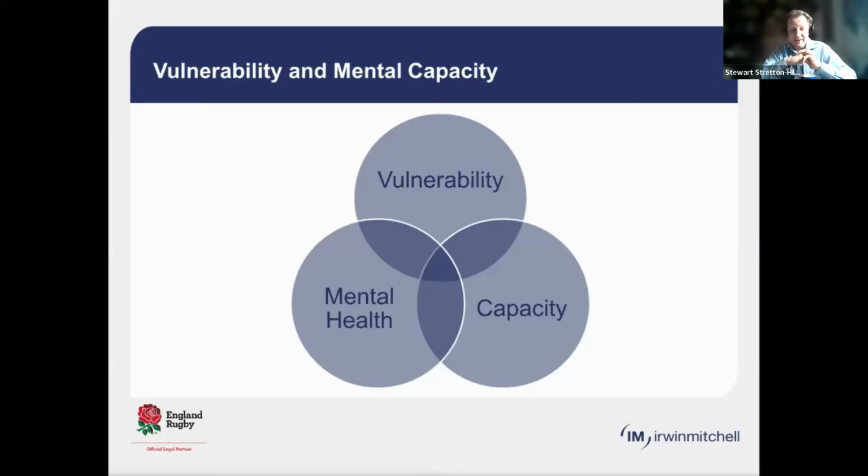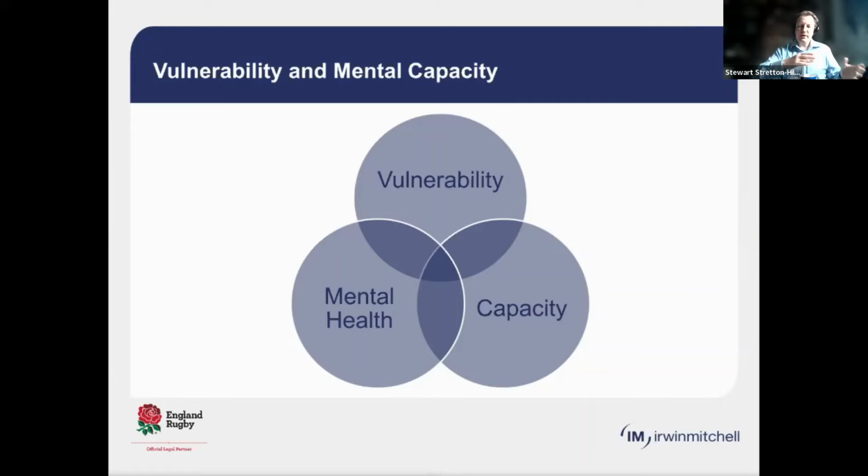If you haven't bought and read his book, Grandpa on a Skateboard, I hugely recommend you do. He's really the guy for this, and I promise I'm not being paid to promote him. But I think this is a really good diagram to help us understand how capacity, mental health, and vulnerability might be linked, but don't necessarily overlap in all cases.